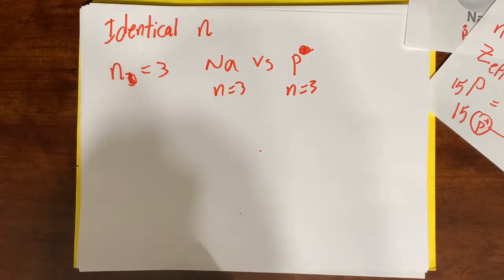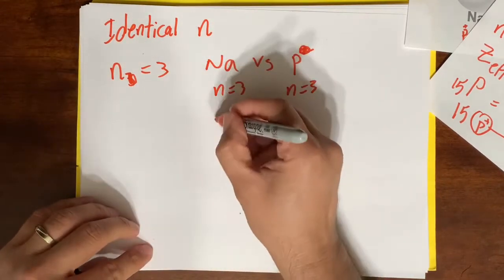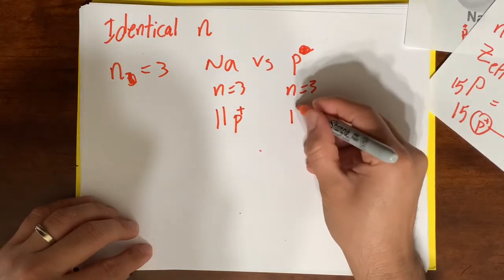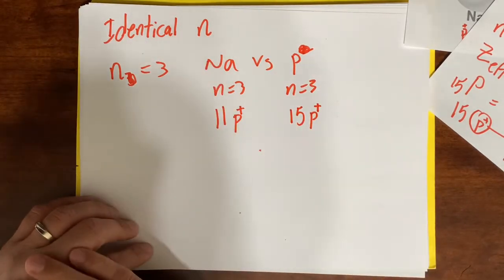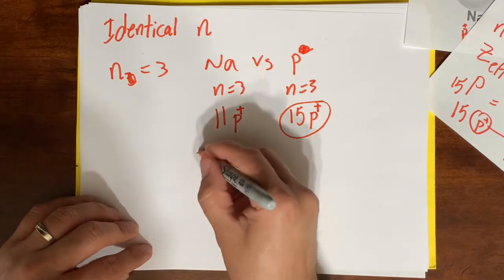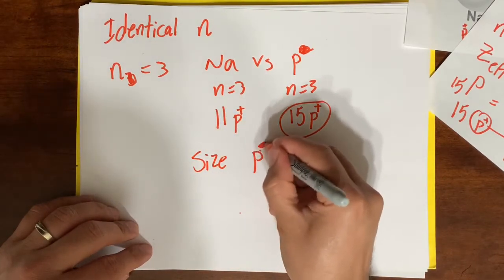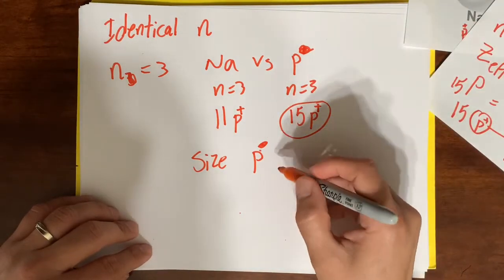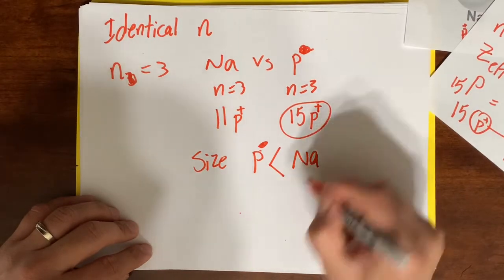So in this case, I need to look at the number of protons. I have 11 protons versus here I have 15 protons. Which one is going to apply higher force? The one that has more protons. So that means the size of phosphorus, I don't know why I keep adding positive charge, the size of phosphorus is going to be smaller than the size of sodium.